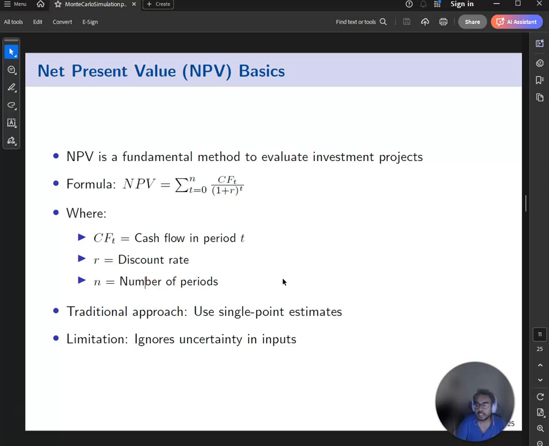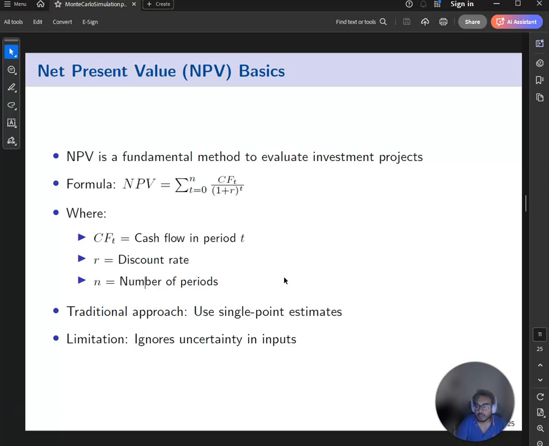It completely ignores the inherent uncertainty in these inputs. In reality, future revenues might be higher or lower than expected. Costs might fluctuate. Market conditions can change. Discount rate can change as well. So a single NPV value gives no indication of this uncertainty, potentially leading to poor investment choices.